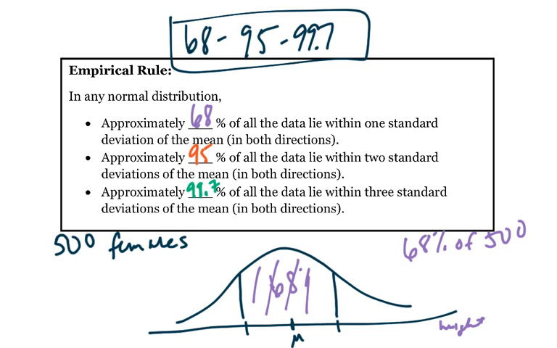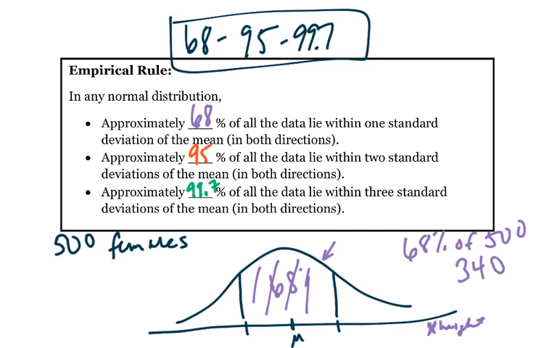Okay, so these are representing height values. That's our variable that we're looking at. And our mu value is telling us the average of the heights, or the mean. And so when we find 68% of 500, that's going to tell us how many females had heights within these two height values. Okay, so 68% times 500 is 340.